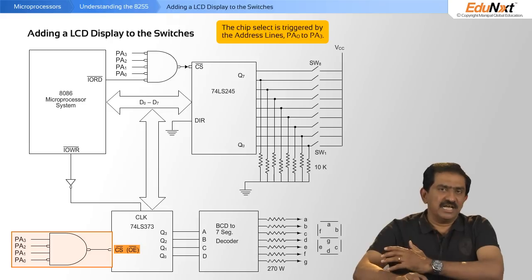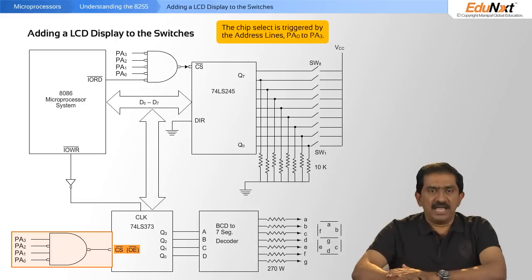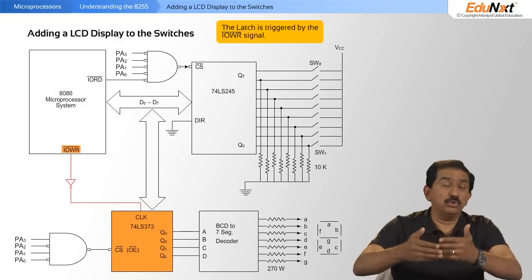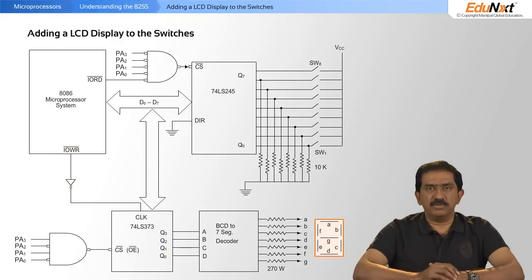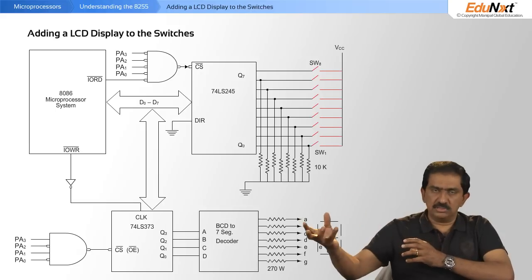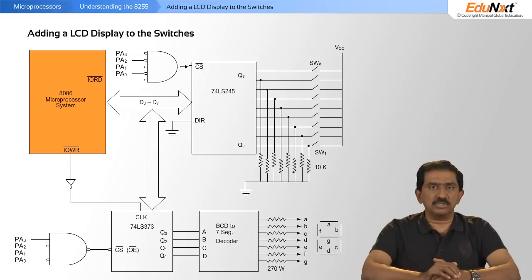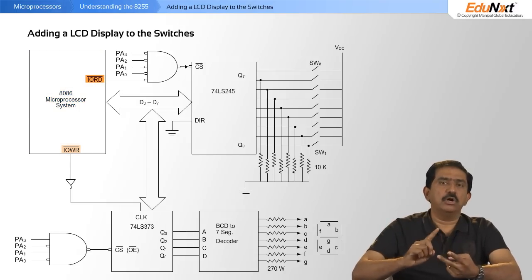This is enabled by the address lines PA0 to PA3, and in addition you have to use a latch, using the IOW, the input output write signal, to enable a latch that latches the data that will be displayed on the LCD or LED display. This is an example of both an input, the switches, and an output, the LCD display, being connected to a processor in the I/O mapped region using I/O read or I/O write.